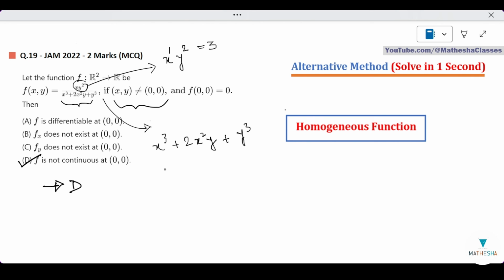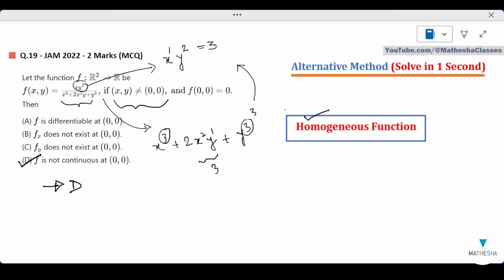Now each of the terms have the same degree, like x का है 3, 2x²y, x का 2 और y का 1, total once again 3 और y का 3. So here as well the common power is 3. So numerator and denominator when have the same common degree, this kind of function is called a homogeneous function.